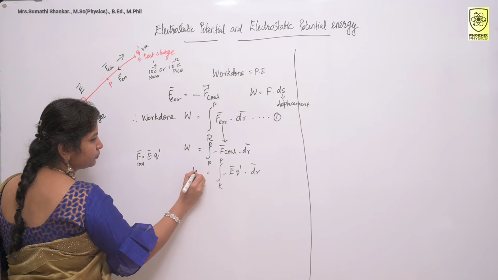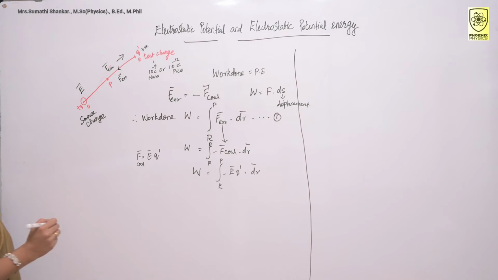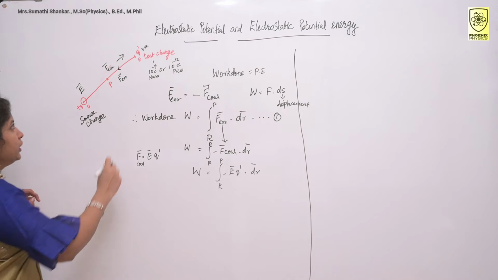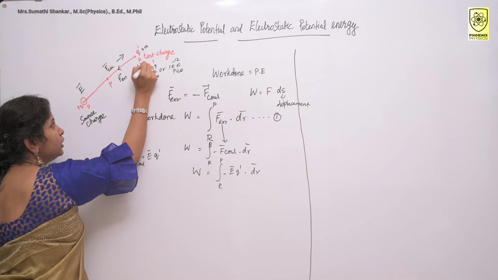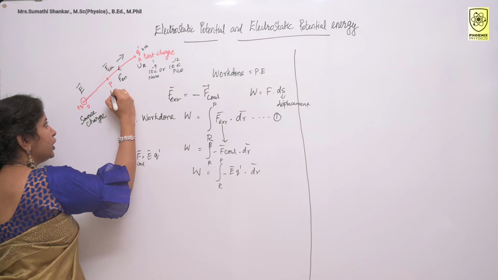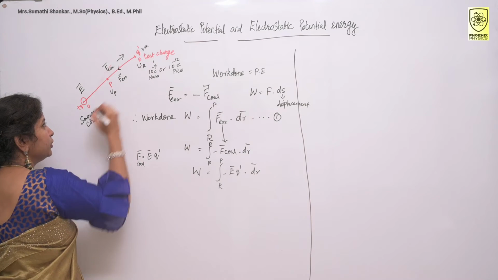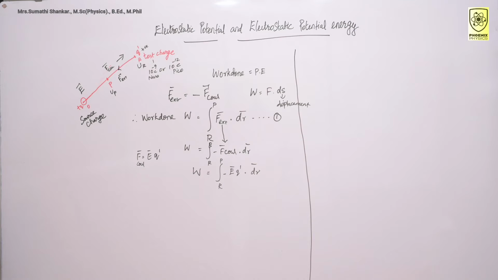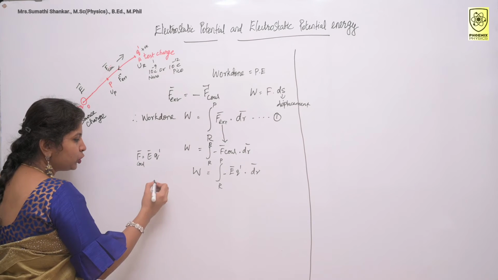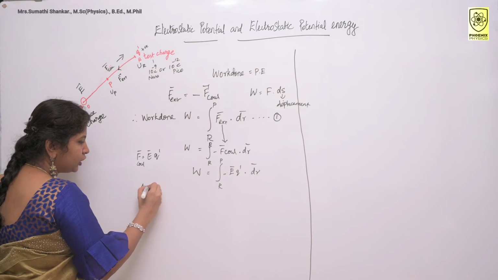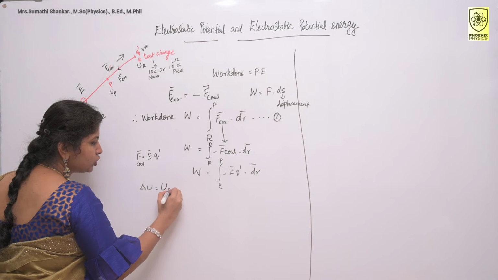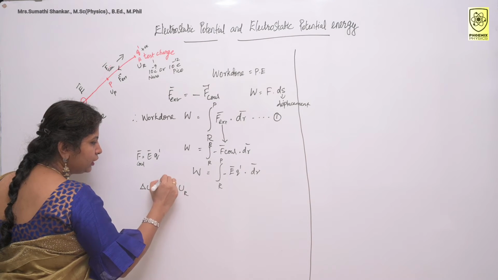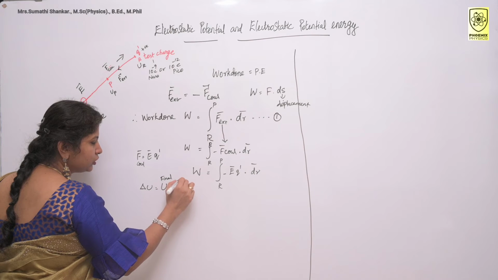This is the work done. Now the potential energy at R is UR, and the potential energy at P is UP. Then how do you find the difference in potential energy? The difference in potential energy, delta U, is equal to UP minus UR, final minus initial.